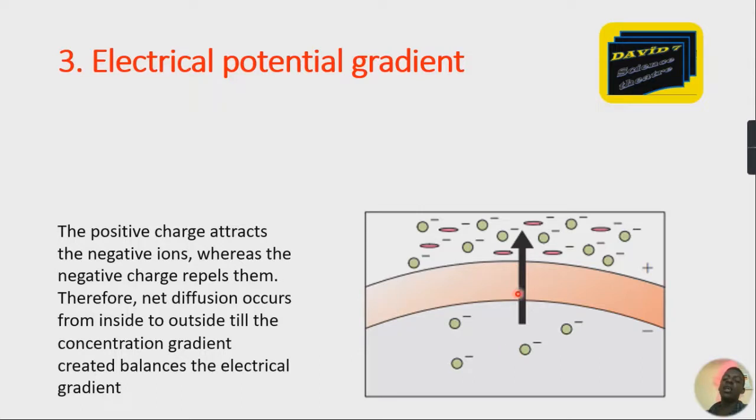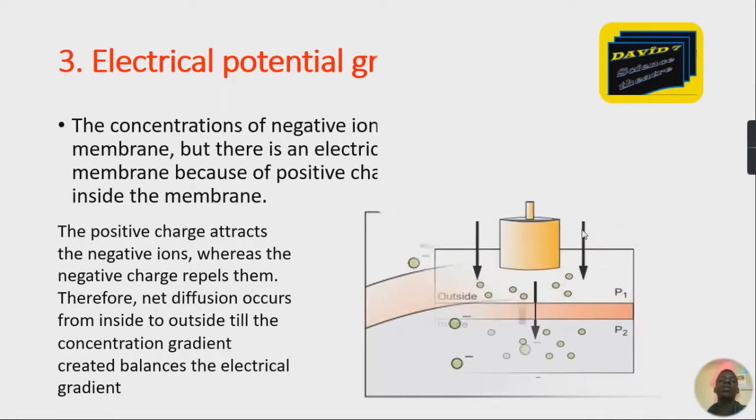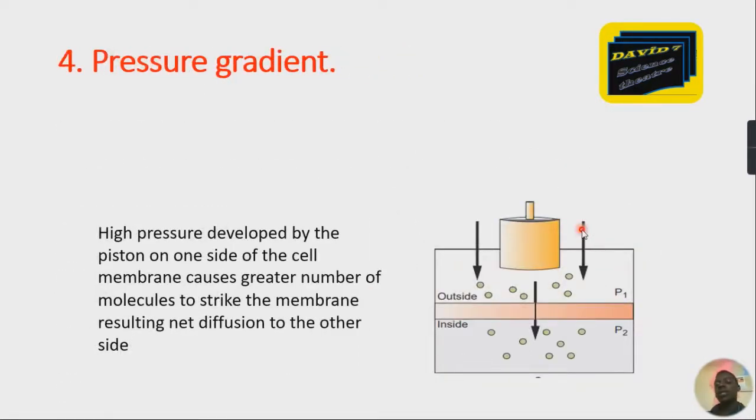So this diffusion from inside to outside will increase until the concentration gradient becomes the limiting factor, or when the concentration gradient balances the electrical gradient created. Let's continue. The last, fourth factor which affects the net rate of diffusion is the pressure gradient.